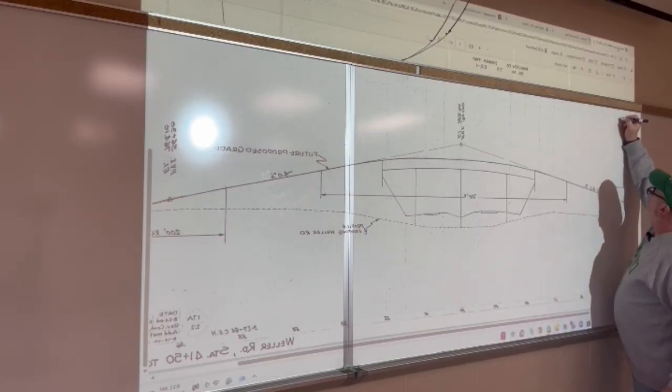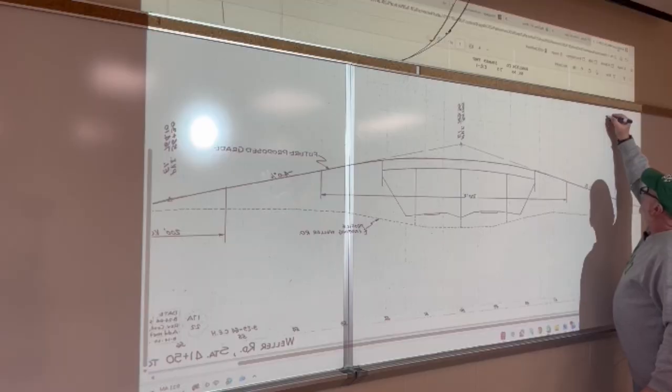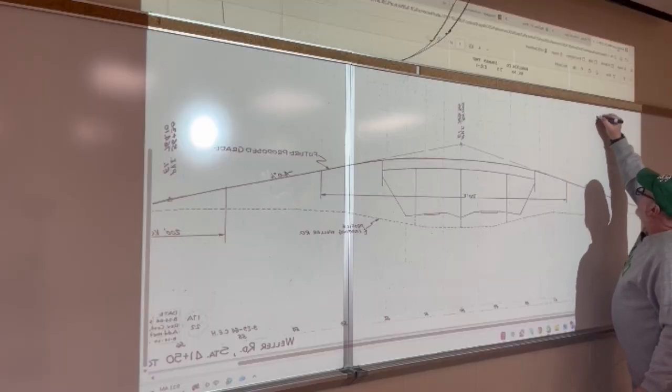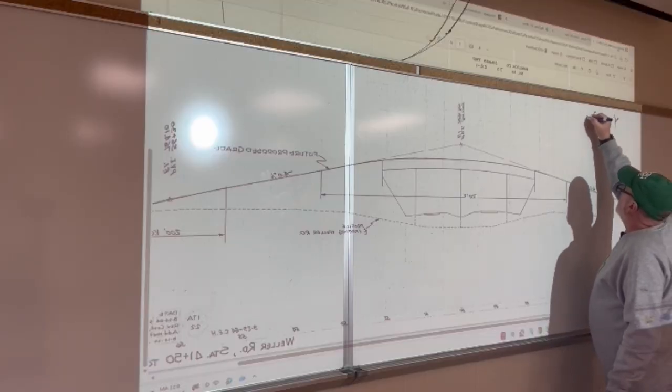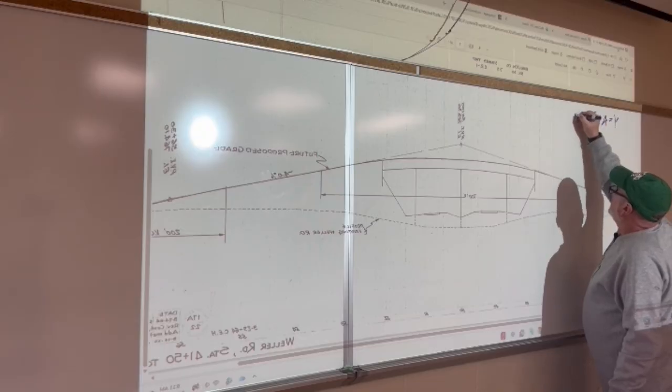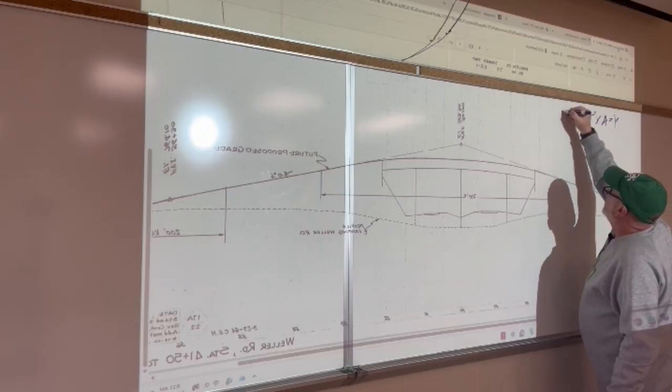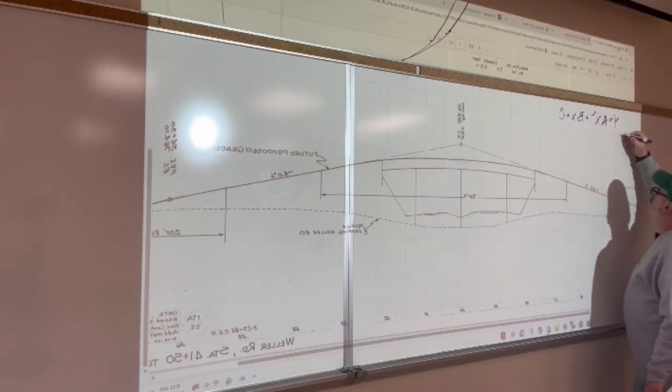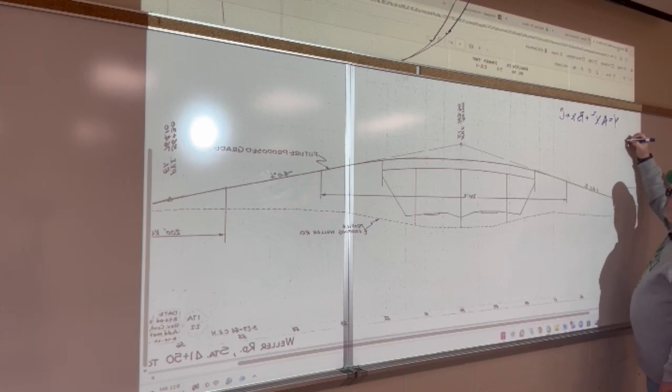So the quadratic y equals ax squared plus bx plus c. Y is going to equal the elevation of the station we're looking for, so I'm just going to put ELEV.